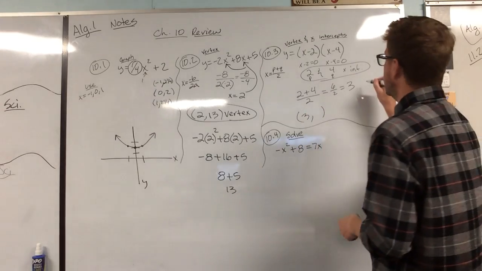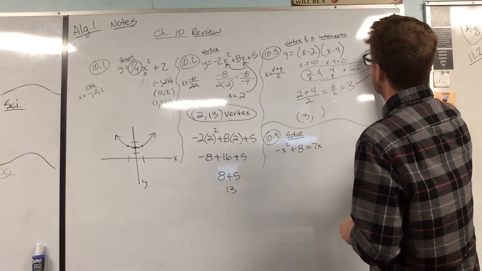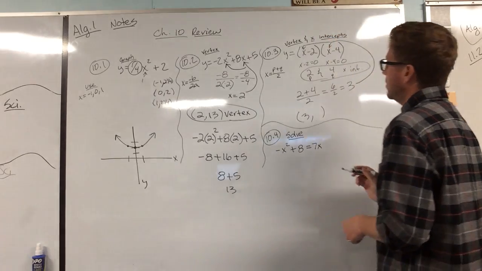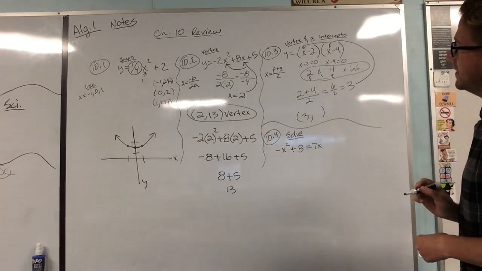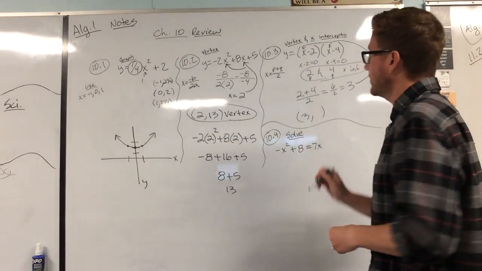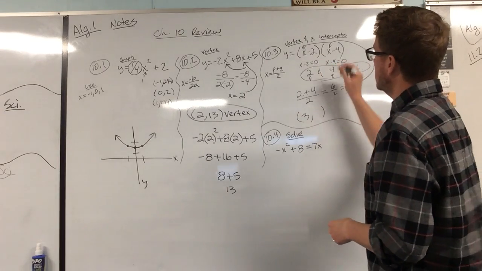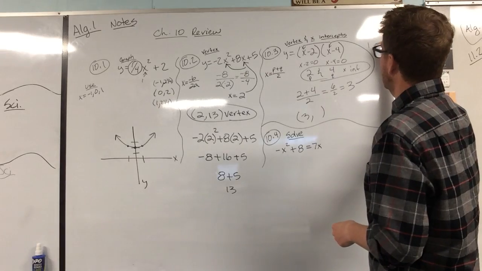We take that value, and we're going to go ahead and plug it in for x in both of these positions here and get our y value. So then we have 3 minus 2, which is 1.